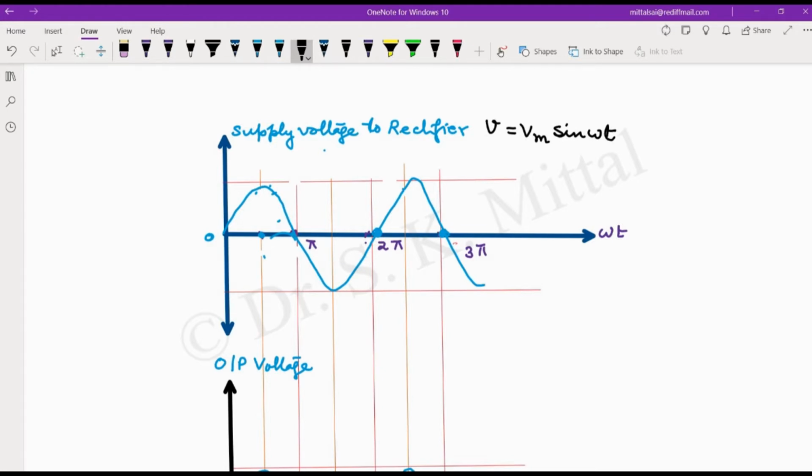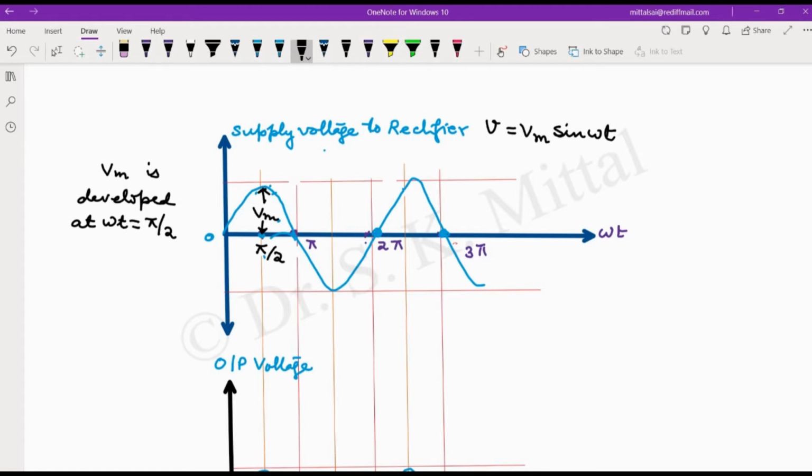Vm is the supply voltage maximum value, and in this waveform, the first maximum value, which is the positive maximum value, occurs at omega t is equal to pi by 2. Means Vm is developed or obtained at omega t is equal to pi by 2 first time.